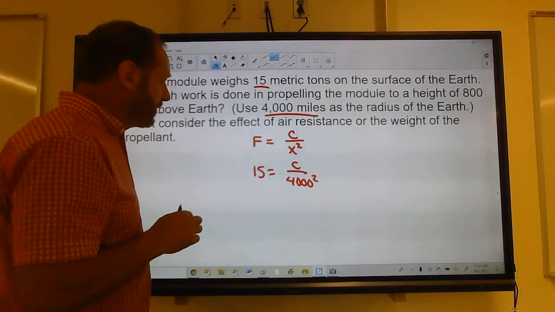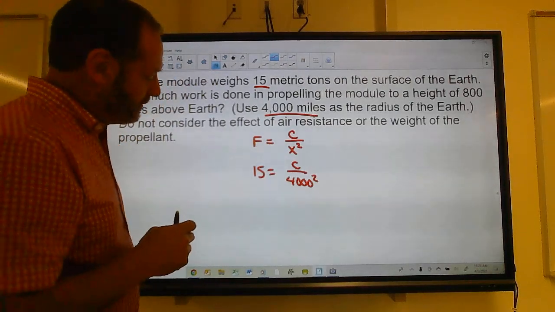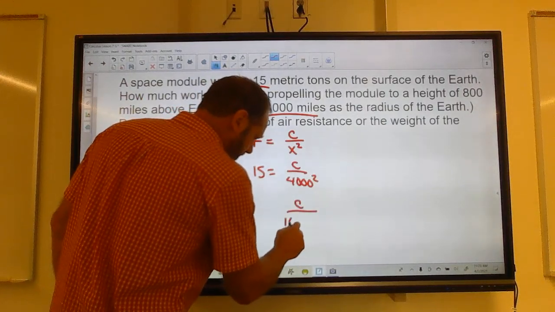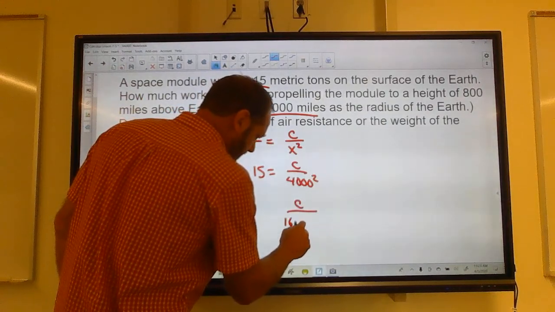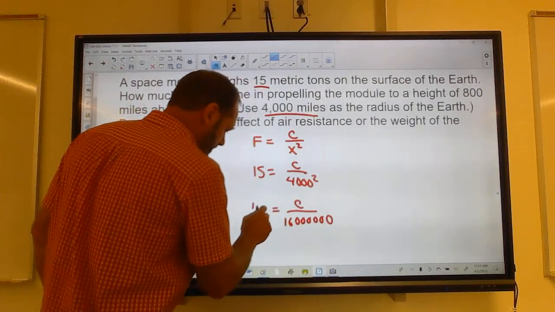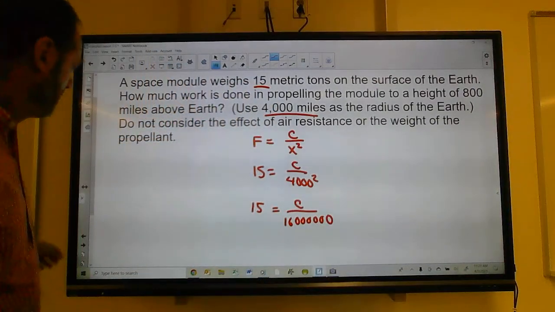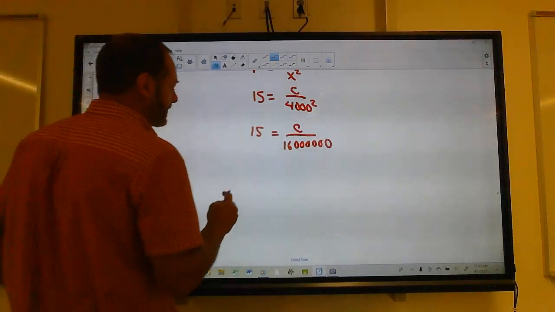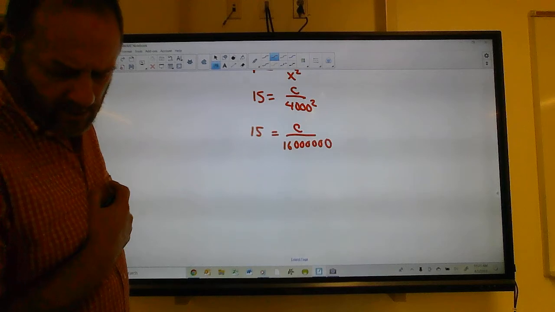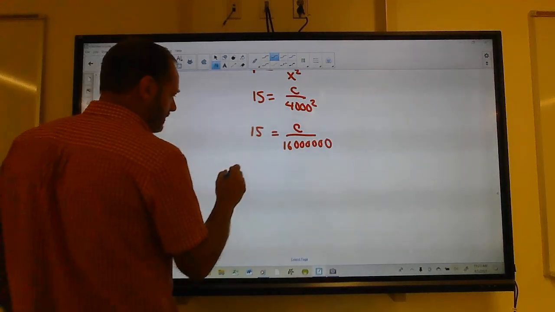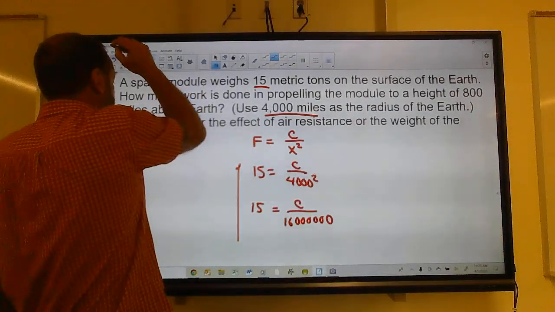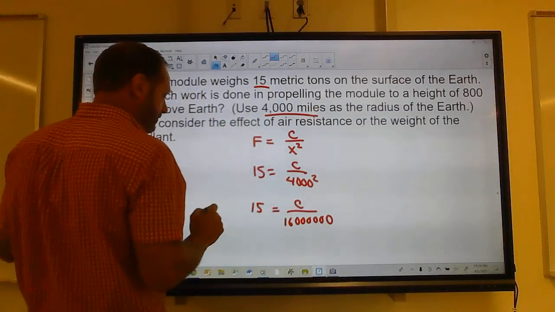Okay, so this comes out to be C over 16 million equals 15. And then I would multiply both sides by 16 million, and I would get 240 million. C is 240 million.